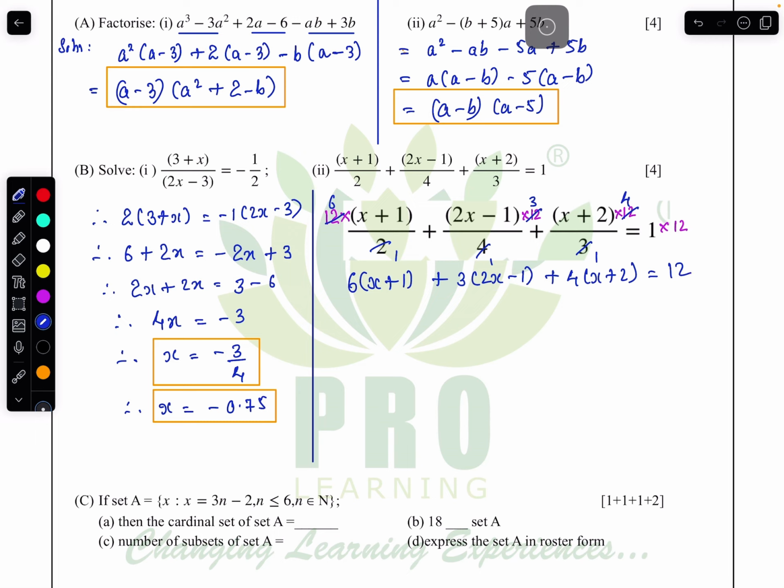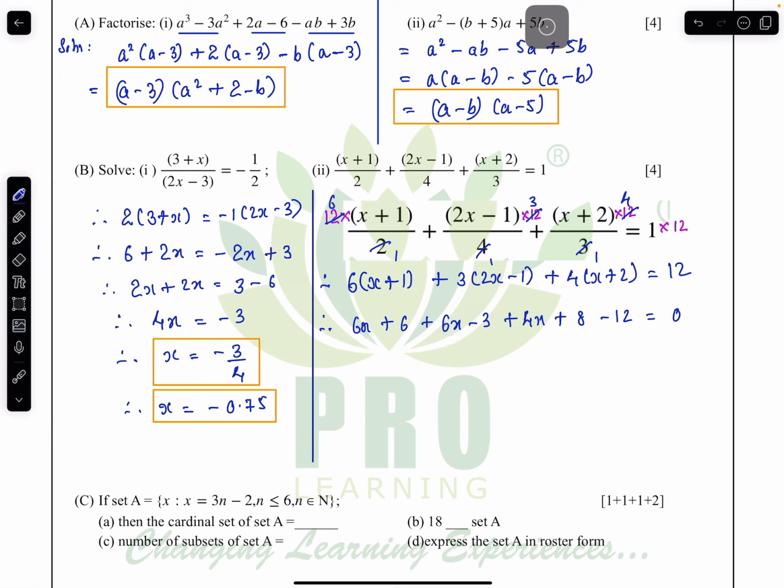We continue further: therefore 6x plus 6 plus 6x minus 3 plus 4x plus 4 times 2, which makes 8, minus 12 would become 0. So here 6 and 6 makes 12, and 4 makes 16. So we have 16x here.